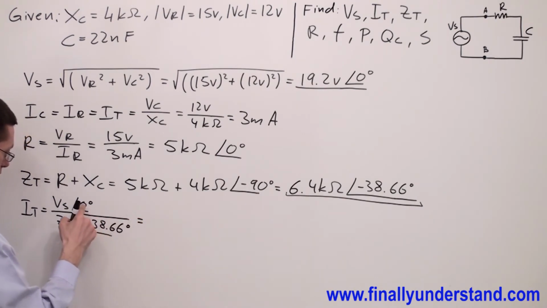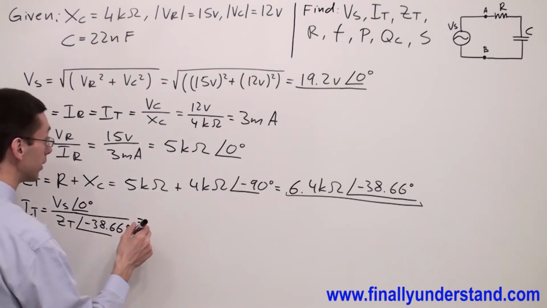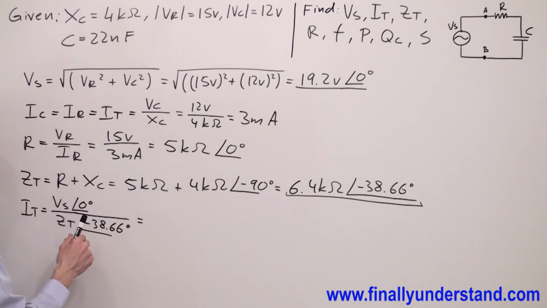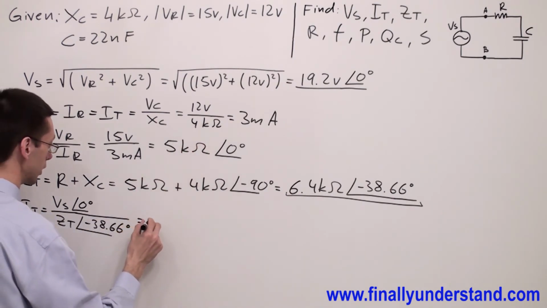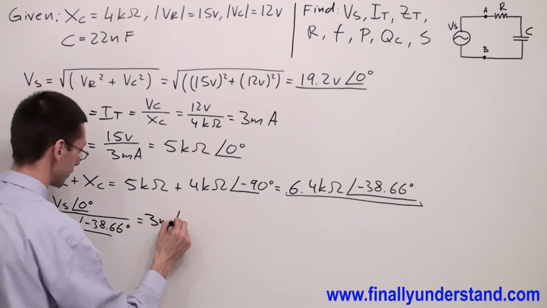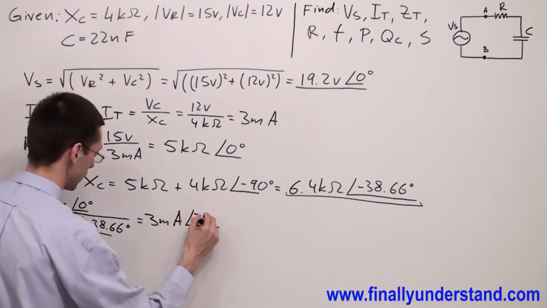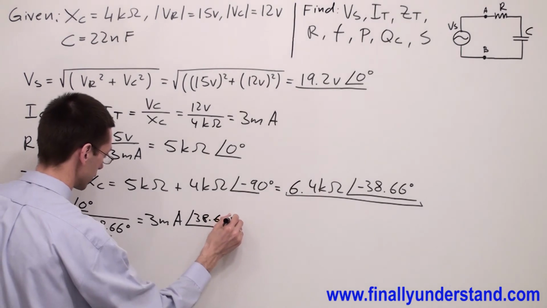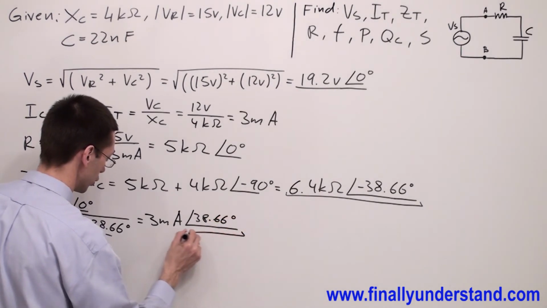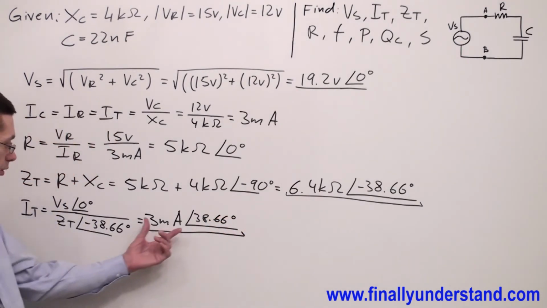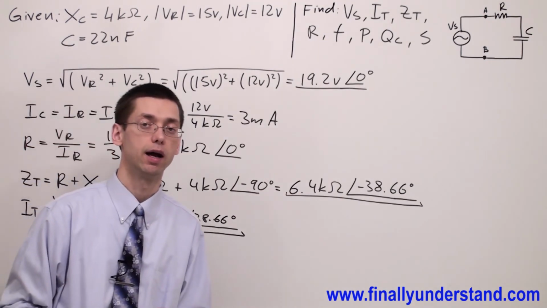So if you subtract these two angles, you are going to end up with an angle of 38.66 degrees. Remember, the magnitude of the current is equal to 3 milliamps, and the angle is 38.66 degrees. Okay? So this is the complete answer for my I total.